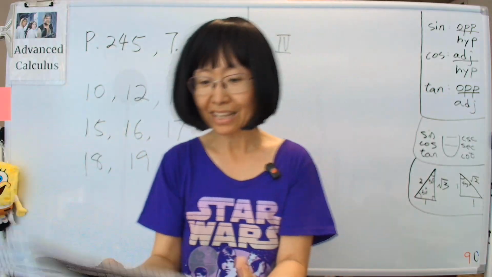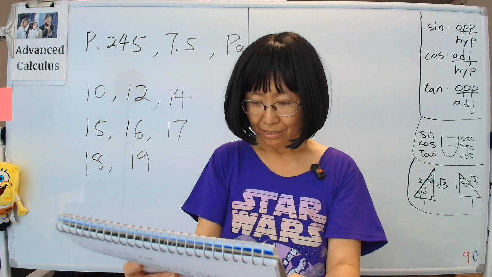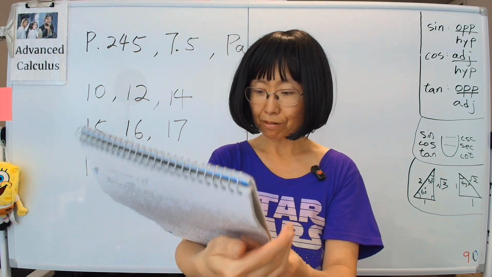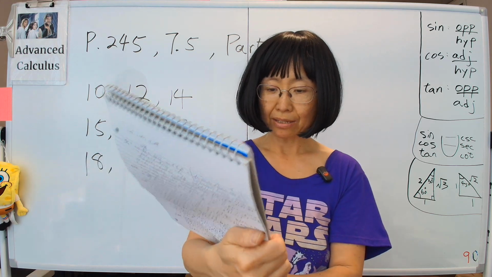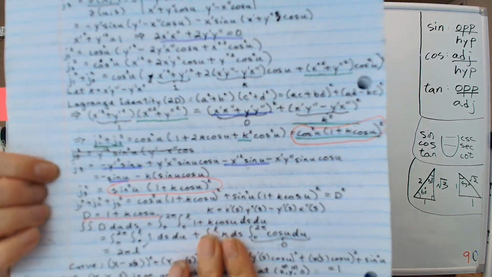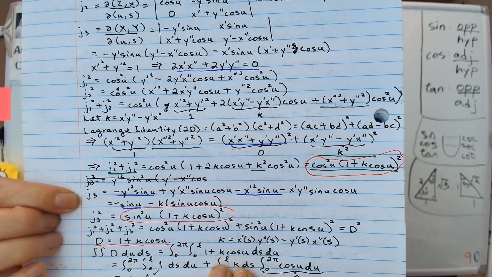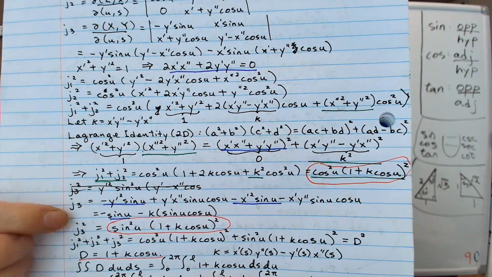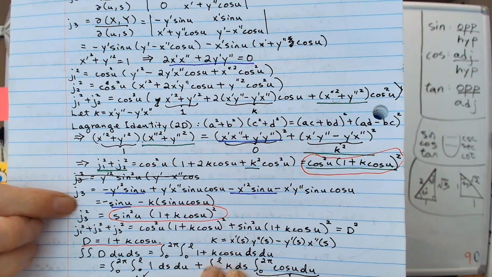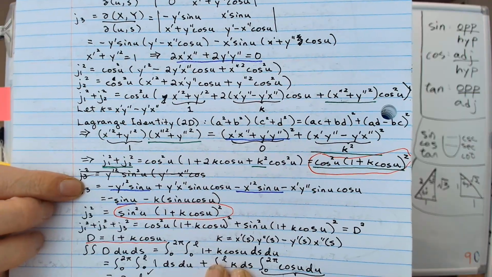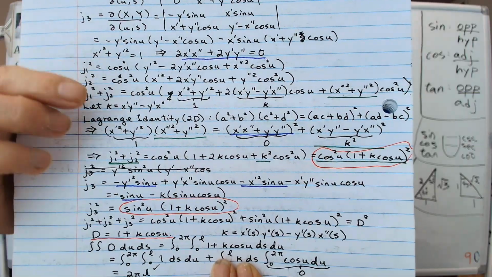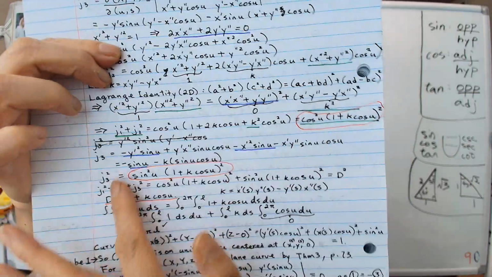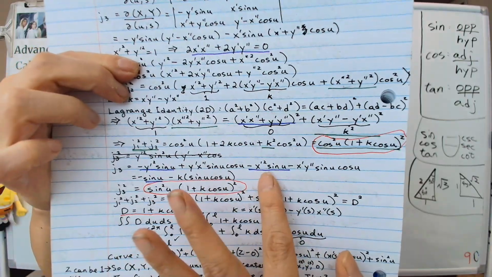Next, let's work on J3. J3 is copied from up here, and rewriting it down here, we have a bunch of stuff. Among them, J3 has minus y prime squared and minus x prime squared.